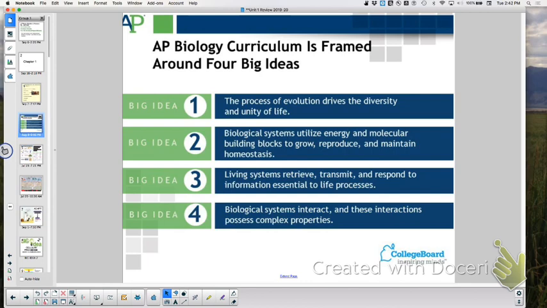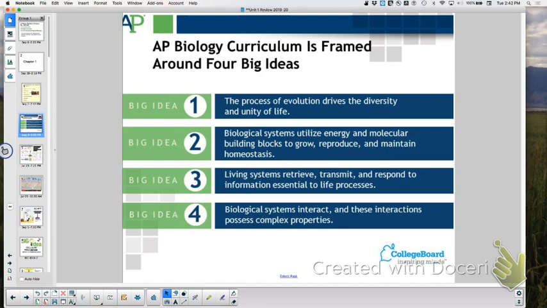If you have several organisms, you have a population, community, ecosystem, biosphere. We're going to talk about population, community, ecosystem, biospheres in one of our last units this school year. Okay? So those are your 4 big ideas.